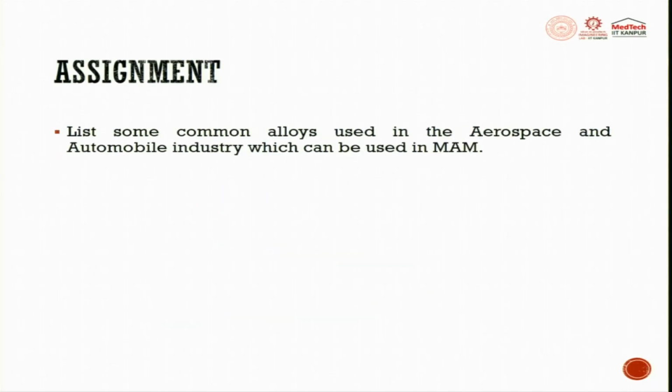Assignments: list some common alloys used in aerospace and automotive industry which can be used in metal additive manufacturing. Try to list down the parts, and then list down if at all there is any hardening cycle followed for better mechanical properties.